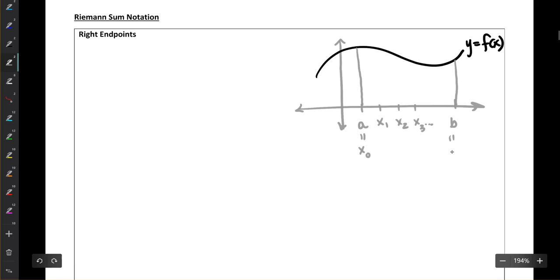Right, so here's xn. And because I'm doing right endpoints, and again, that n right there is the number of rectangles that we're going to have, n partitions of that domain.